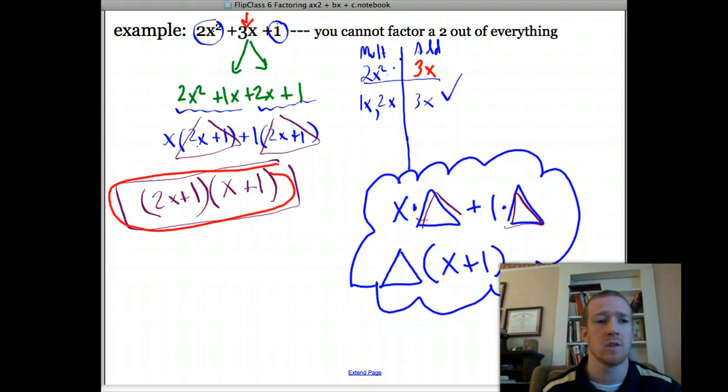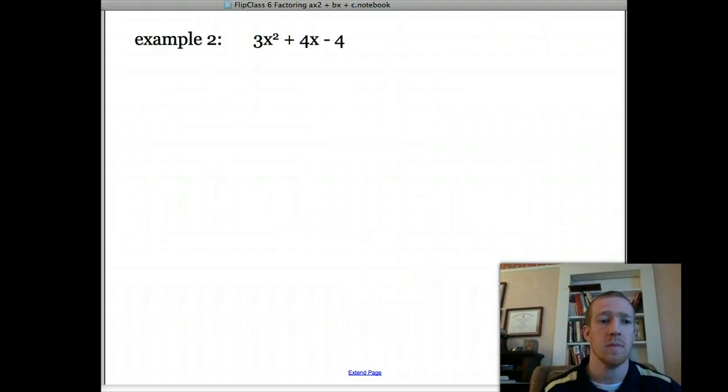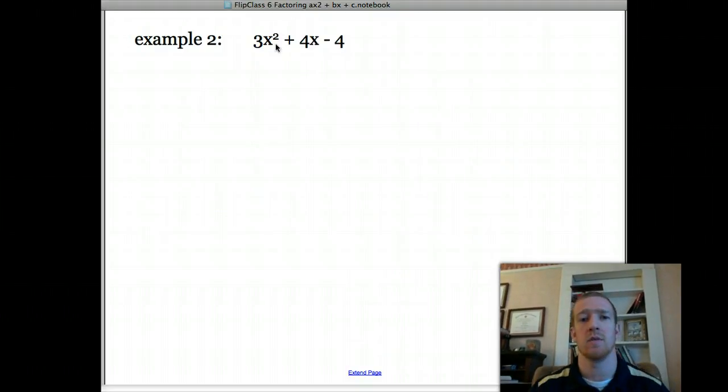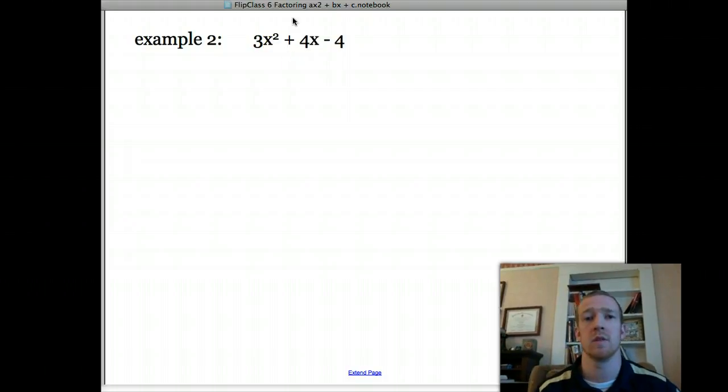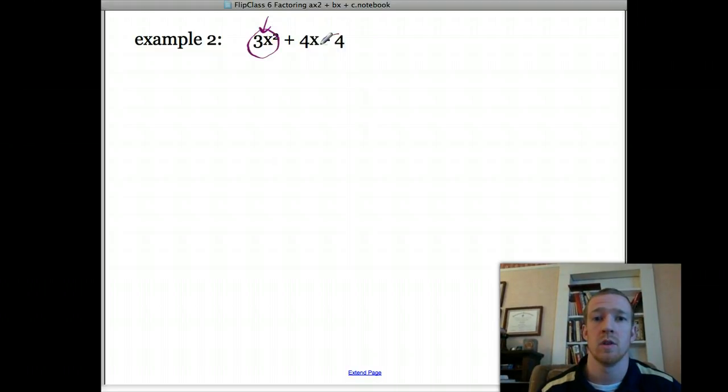Alright, so let's see just one more example here. First thing I ask myself, can I factor anything out of all these terms? Is there any number or variable or anything that comes out of everything? And no, there's nothing I can divide out of a 3x squared or 4x and a minus 4. So now what I'm going to do is I'm going to look at what multiplies to this times this.